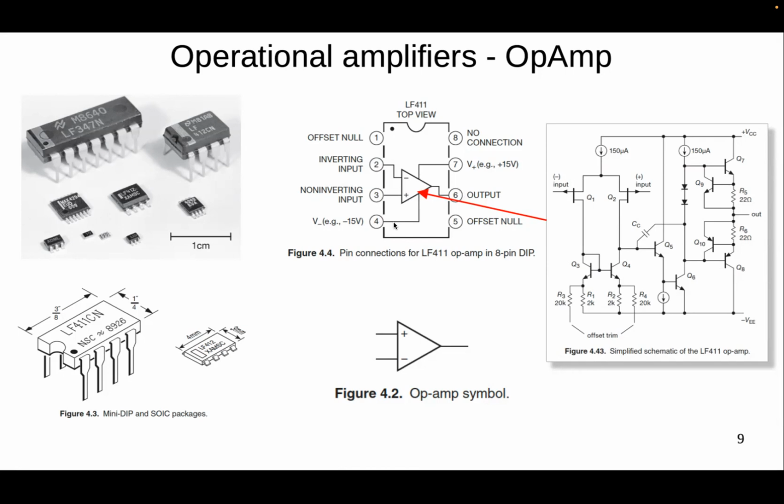In some cases, depending on specific applications, we have only one source, one to ground and one to positive or negative. But in general, this is the most general configuration for an op-amp.